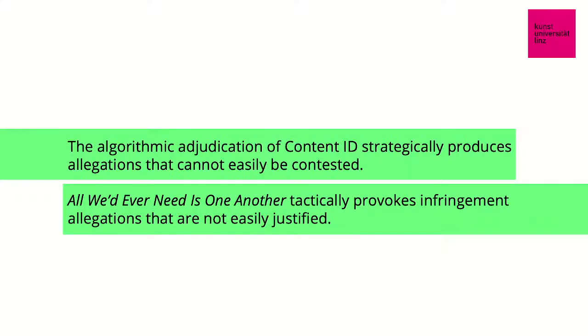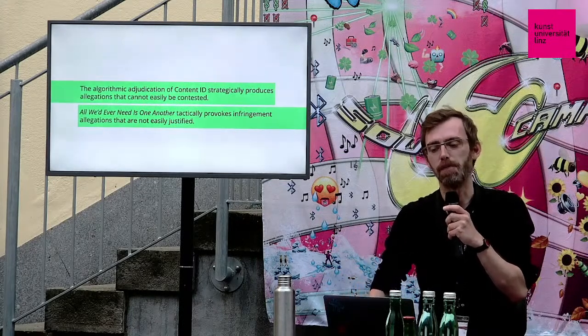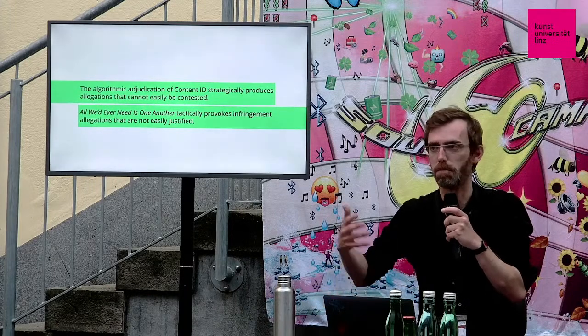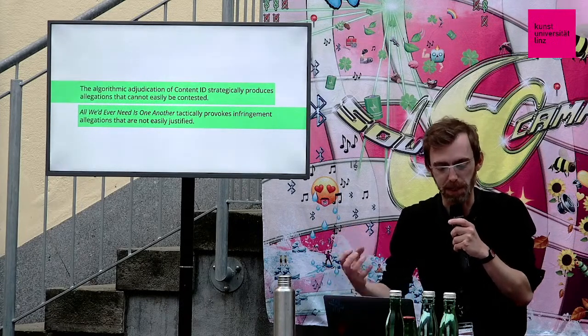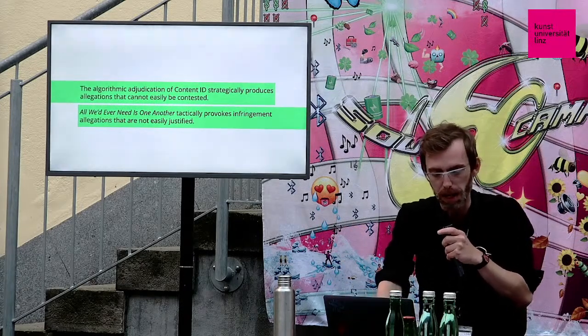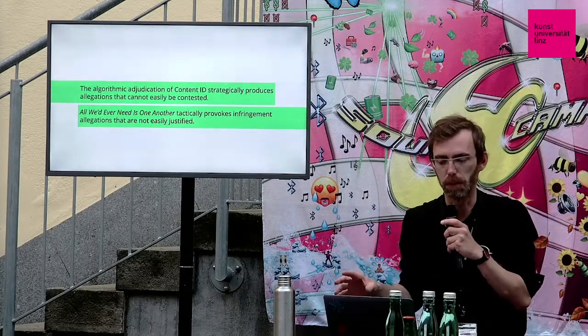Many of you might have found this when you've tried to upload something to YouTube, and before it ever even goes online, it disappears and is flagged for probably a very bad reason, like there's maybe some incidental music playing in the background on a radio or something, or many other reasons that might actually violate your fair use or fair dealing right to upload and publish this creative expression, which the system just cannot understand and cannot accommodate. So, Content ID works strategically, it produces allegations that are very difficult to contest.